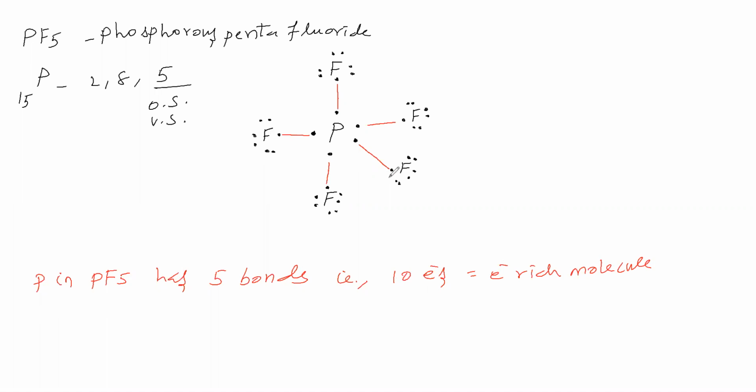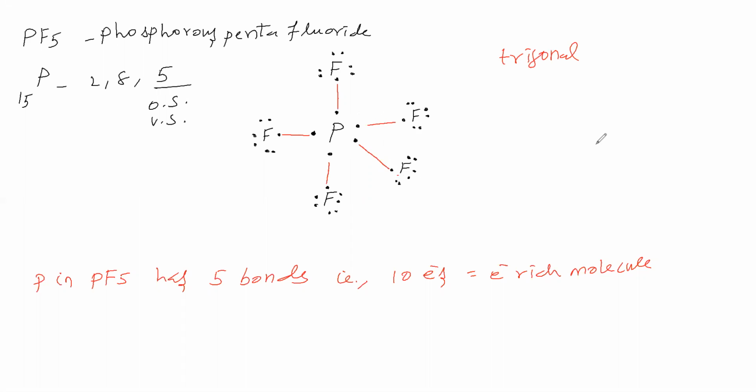If you join these 3 fluorine atoms, you will get an equilateral triangle. Therefore the name trigonal is given. Here, what is the angle?